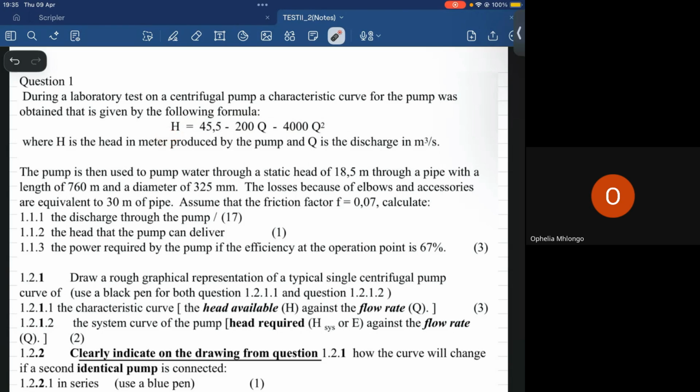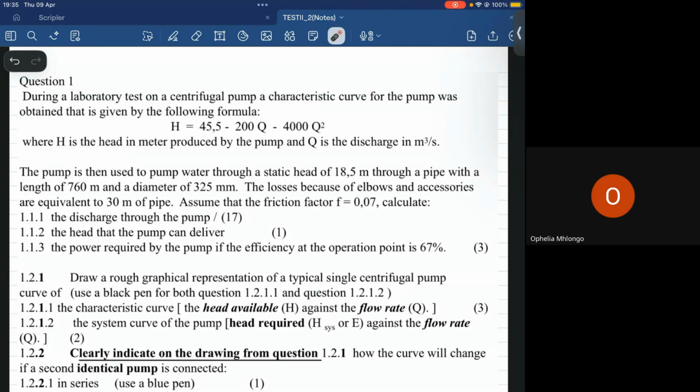The head is equal to 45.5, sorry, minus 200 times the volumetric flow rate, minus 4,000 times the volumetric flow rate squared, where H is the head in meters produced by the pump, meaning H is the height of the pump, and Q is the discharge in cubic meters per second, or the volumetric flow rate in cubic meters per second.